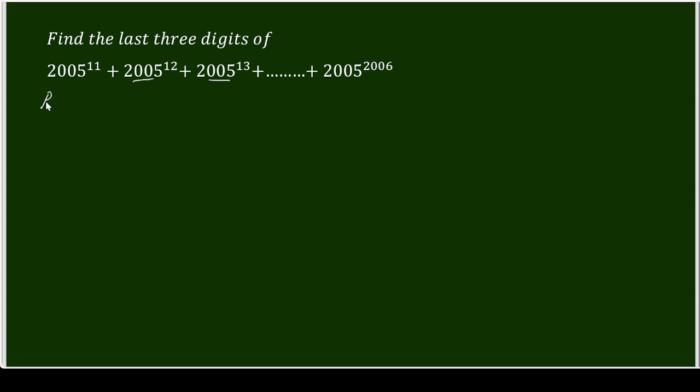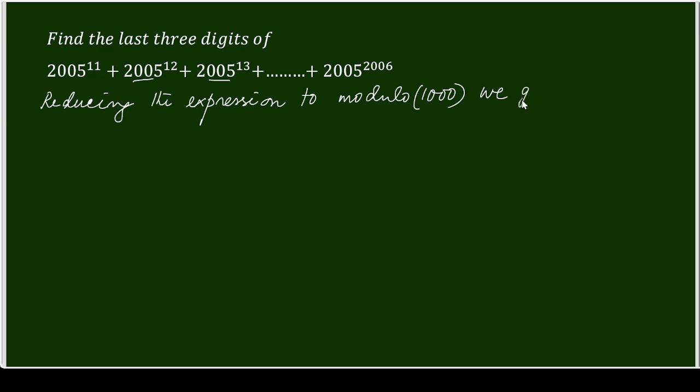So reducing the expression to modulo 1000, we get the last three digits. So for any big number, to get the last three digits, we have to divide by 1000, and the remainder is the last three digits.